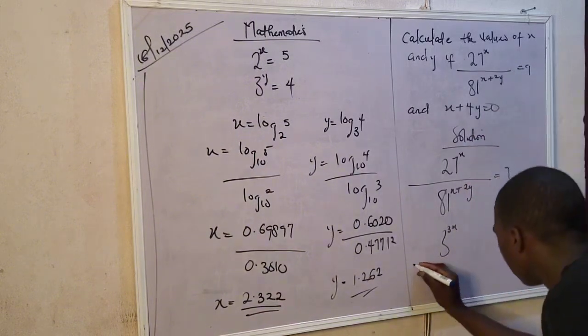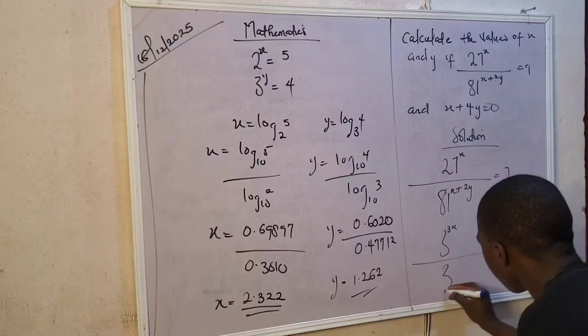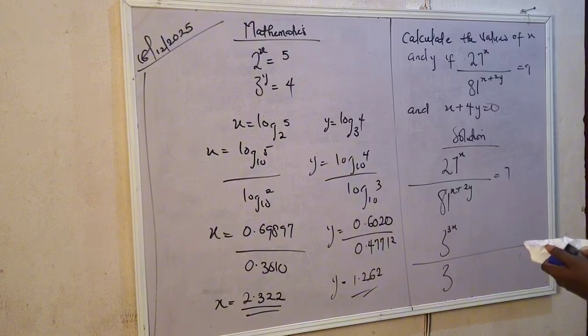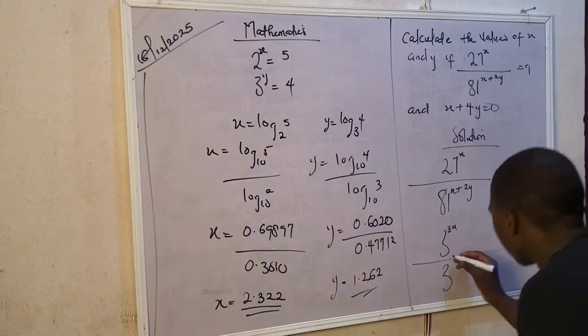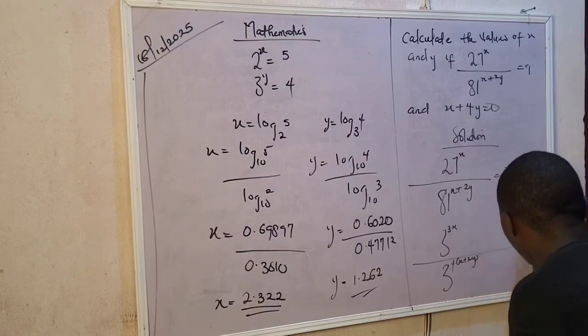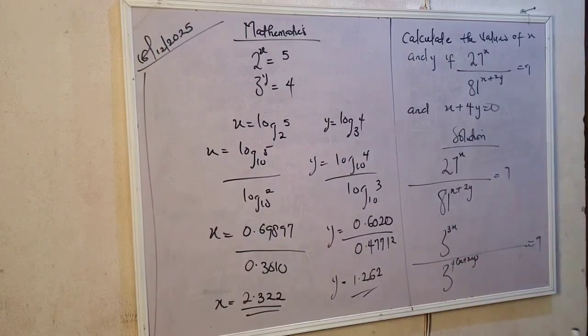For our denominator, 3 raised to the power of 4 gives us 81. So 3 to the power of 4 in brackets, x plus 2y, equals 9.